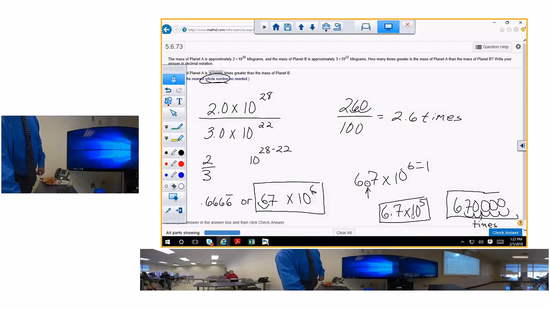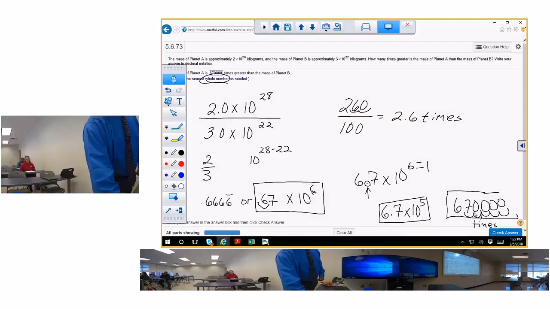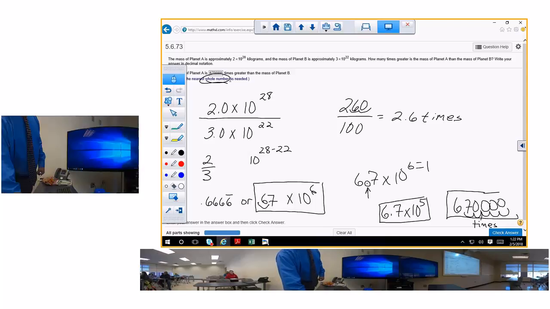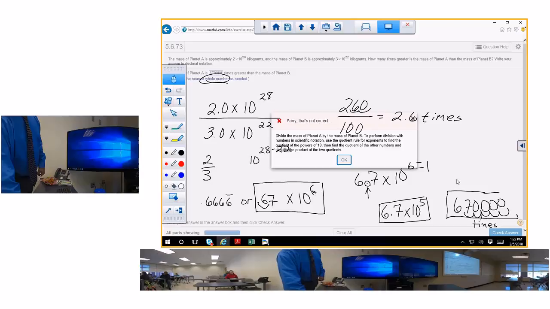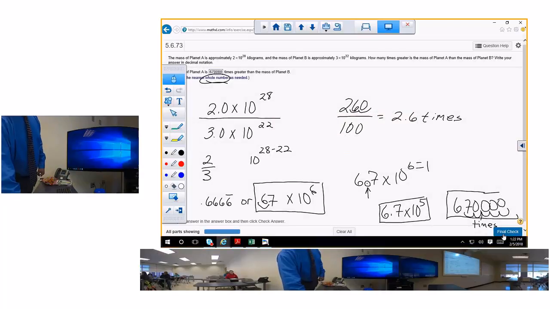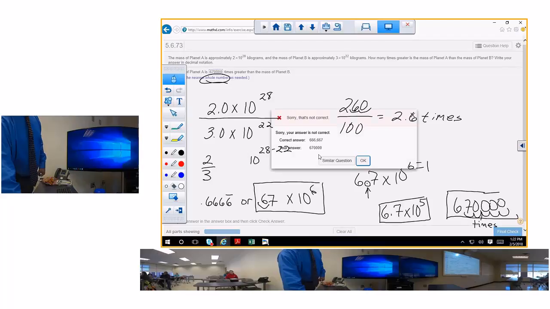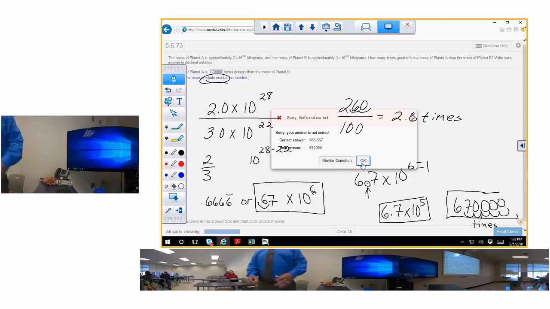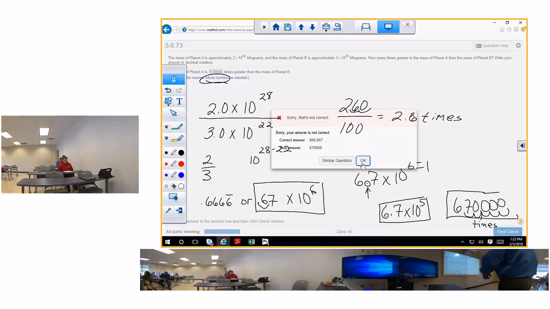Let's see, 1, 2, 3, 4, 5. Okay, I don't know what the answer is. Whatever. Okay, the reason I got the wrong answer is because right here.